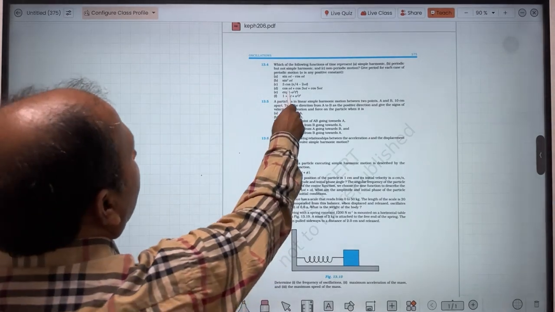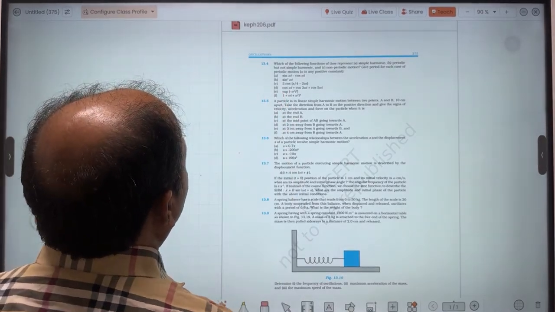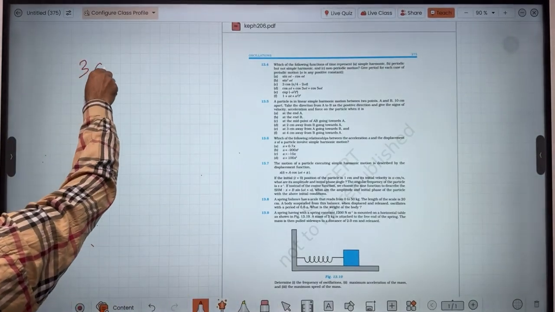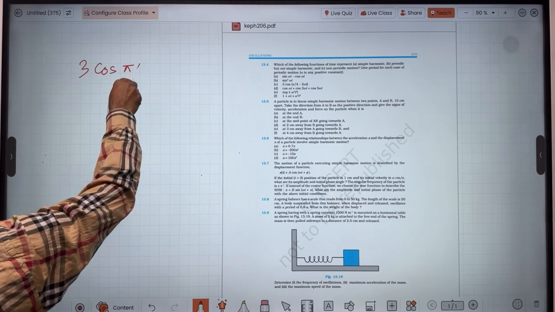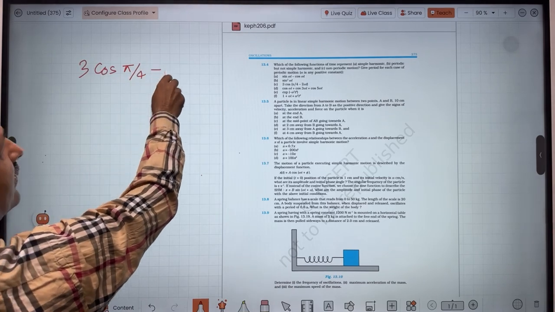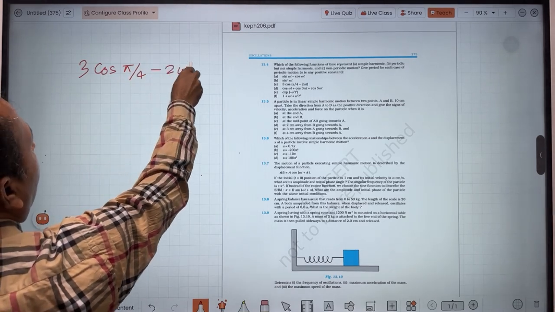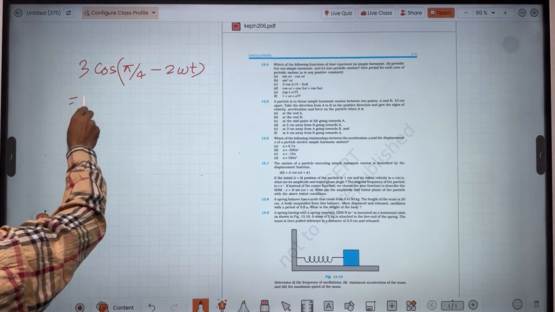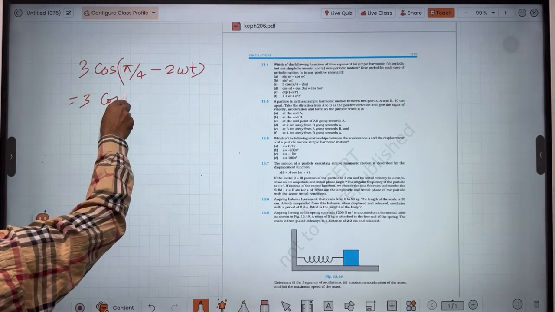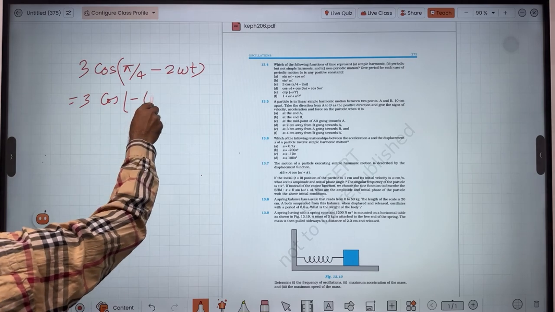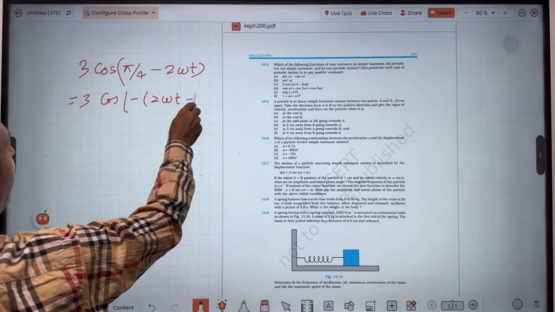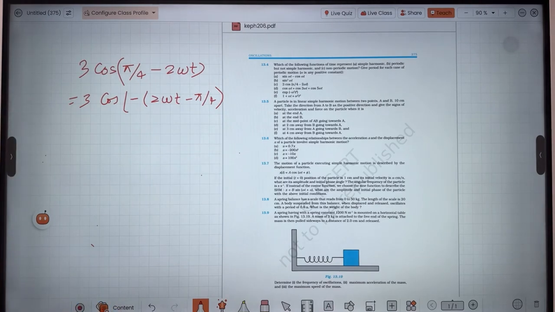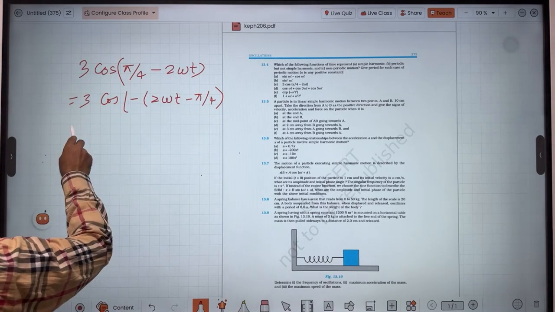So we can take a minus sign before the 3 cos, and write 2 omega t minus pi by 4, and this sign will get absorbed.